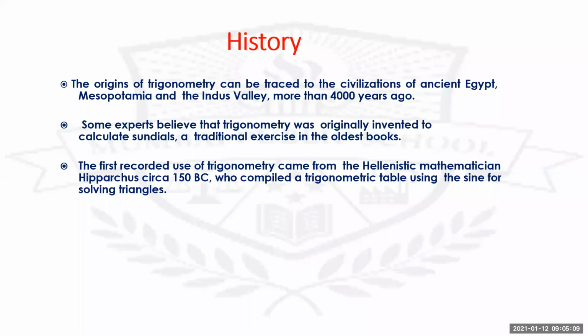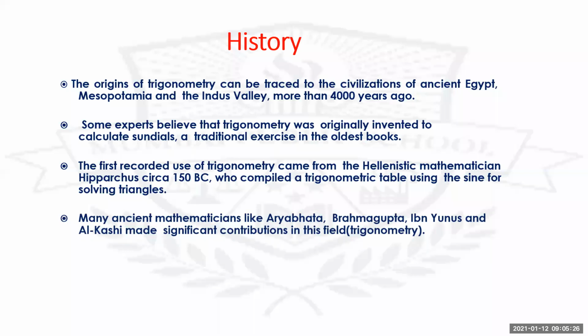The first recorded use of trigonometry came from the Hellenistic mathematician Pythagoras circa 150 BC, who compiled a trigonometric table using the sine for solving triangles. Many ancient mathematicians like Aryabhatta, Brahmagupta, Ibn Yunus, and Al-Kashi made significant contributions in this field.